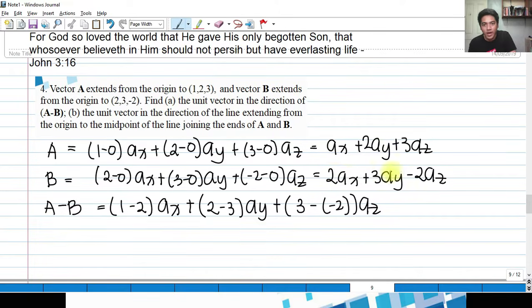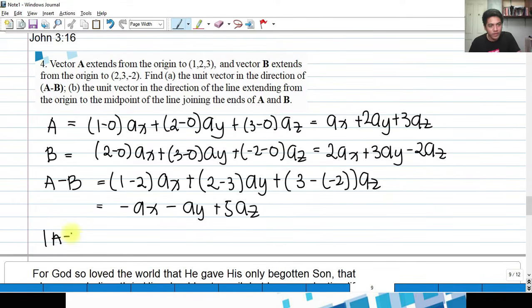So we simply subtract A and B. What happened was that we have negative ax minus ay. 3 minus negative 2 is plus 5az right here. So we now get the A minus B. We are now ready to get the magnitude of A minus B. We have the square root of negative 1 squared plus negative 1 squared plus 5 squared.